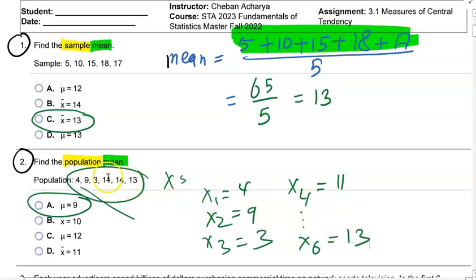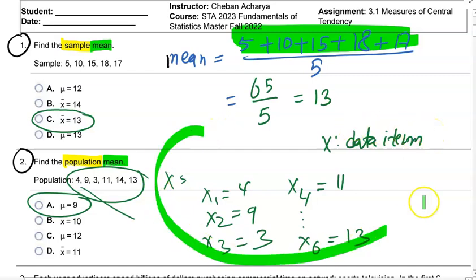You could have 14 as x1 or 3 as x1, and any one could be x1, any one could be x2. But my point is, in this data set all the data are called x's, and I'll use that in future lessons. I'll use x1, x2, and so on. X here is pretty much a data item, but since you have a bunch of them, we have x1, x2, x3, and so on. It's just extra information.